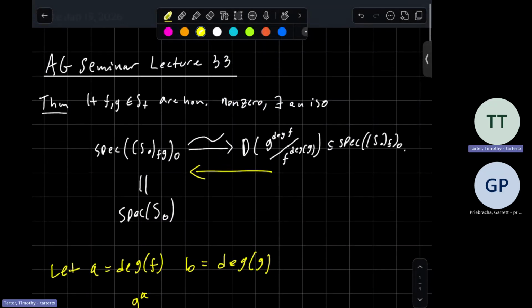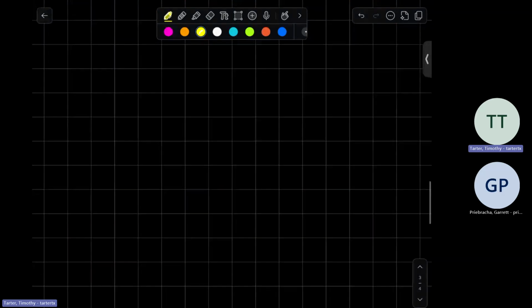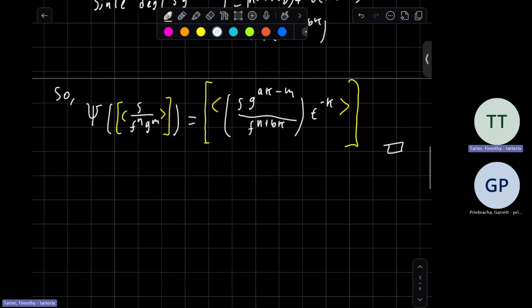So I think that we can maybe skirt by on that. But then also to get an isomorphism of spec, we really need this. So we have it as a set, but we need it as a topological space and a structure sheaf. And I'm suddenly realizing that is not something that has been written out here.